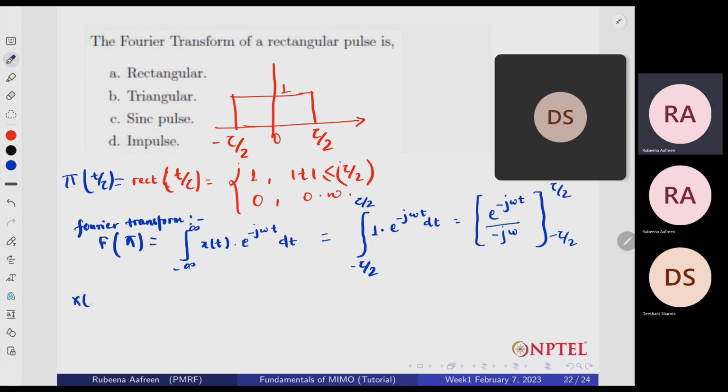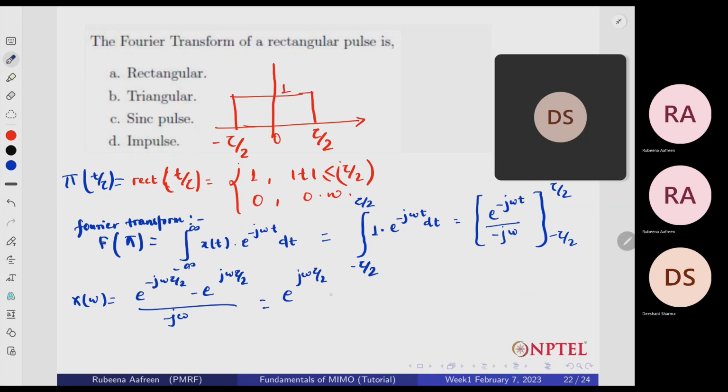So we can write X of omega as e to the power minus j omega tau by 2 minus e to the power j omega tau by 2 upon minus j omega. We can write it as e to the power j omega tau by 2 minus e to the power minus j omega tau by 2 upon j omega.